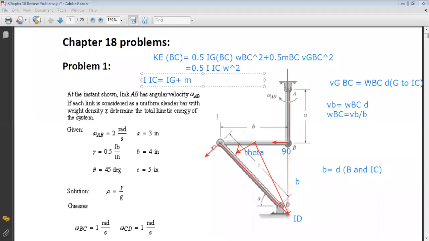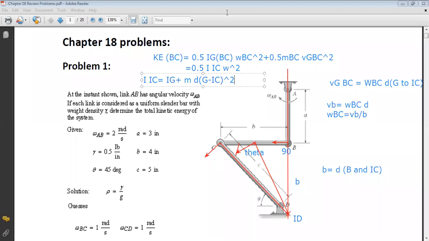So times the distance from G to IC, square. Both methods will give you the same final result for the kinetic energy of part BC.